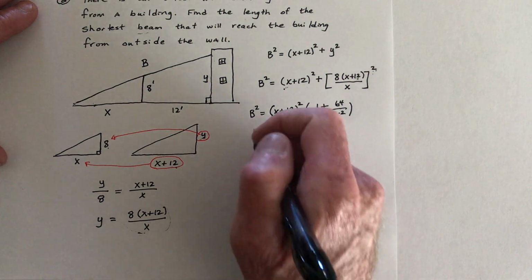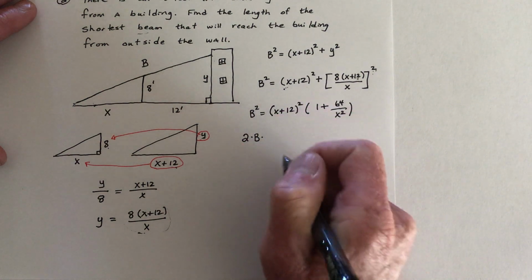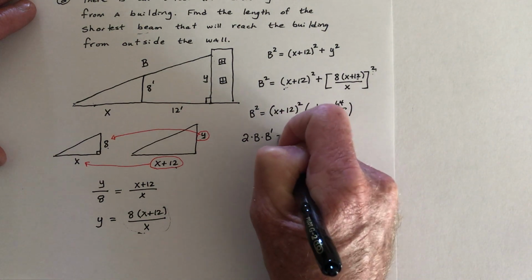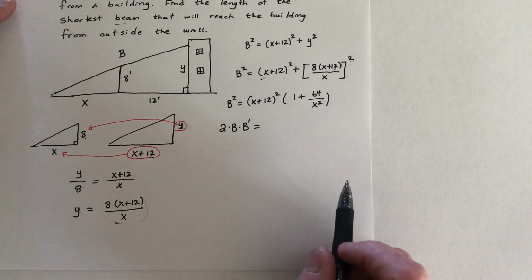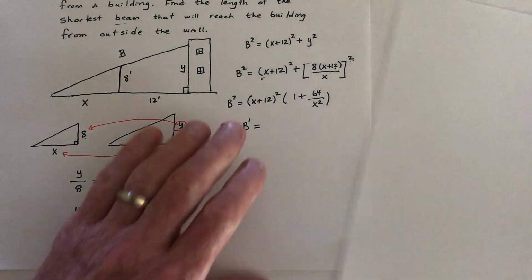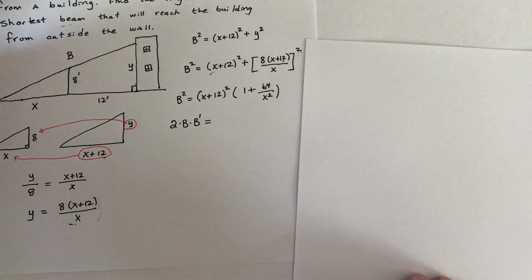Okay, so that is what we need to take the derivative of. On this side, the derivative is going to be, first of all, the power rule, 2b, and then b prime. On the right side, I need to use the product rule, which I think would be better if I get another piece of paper.